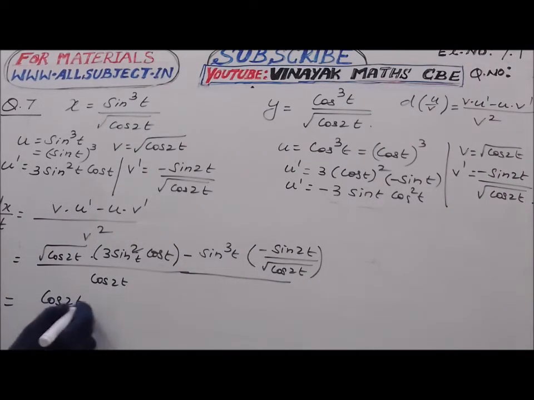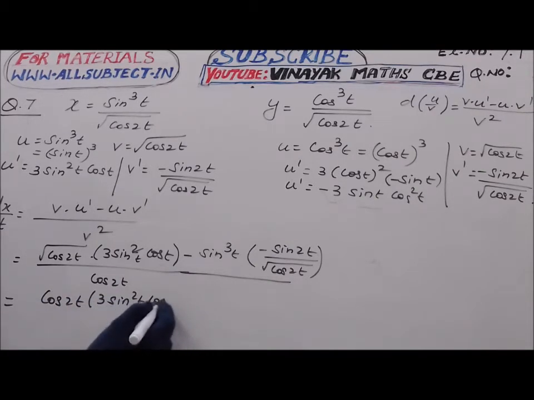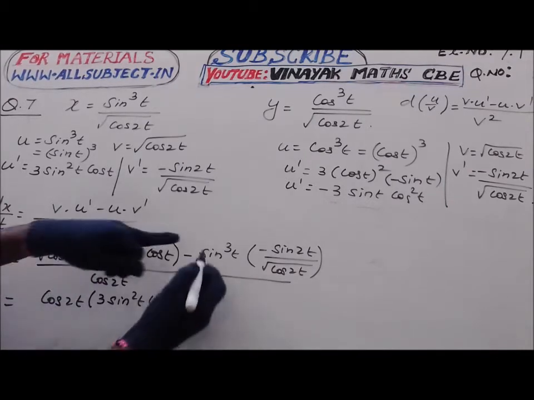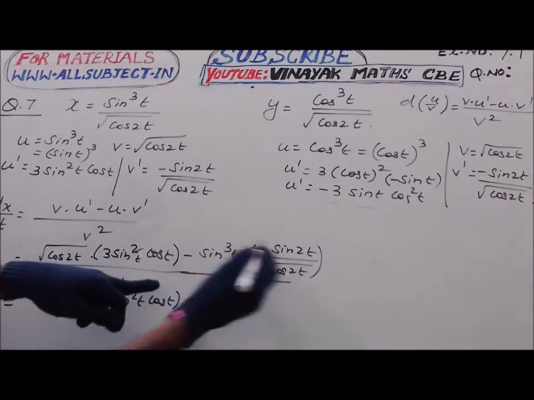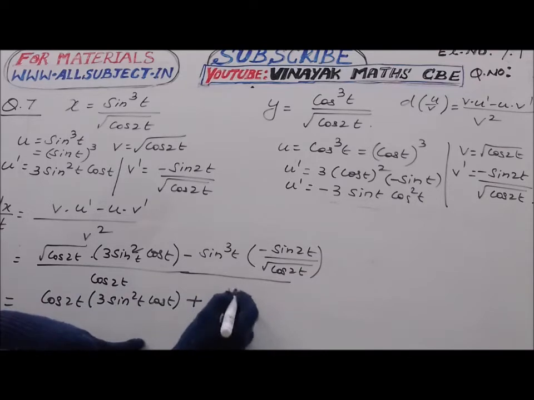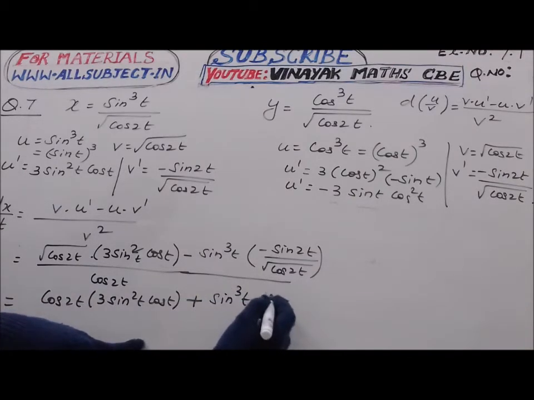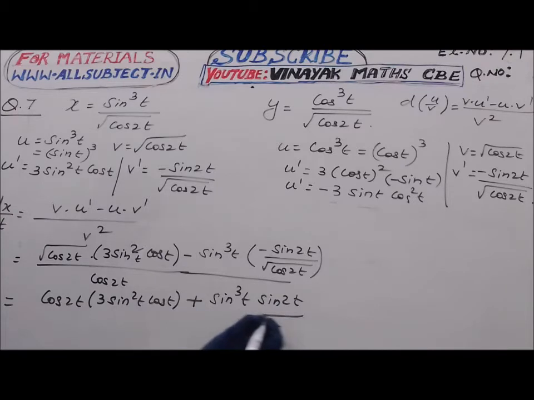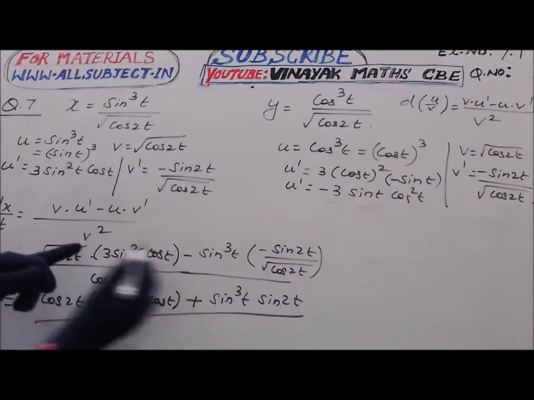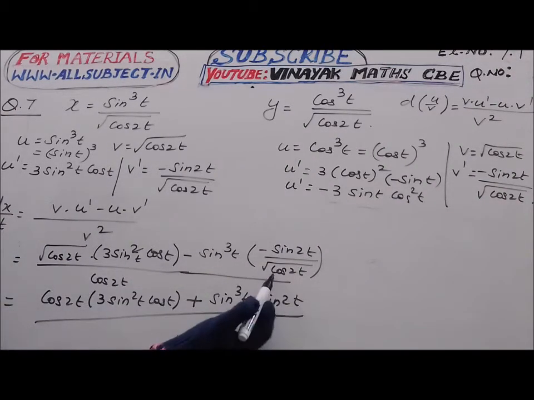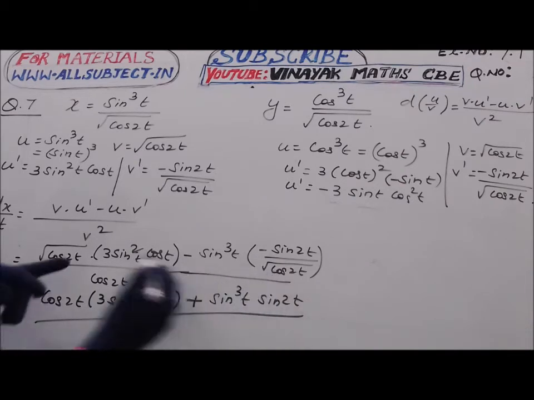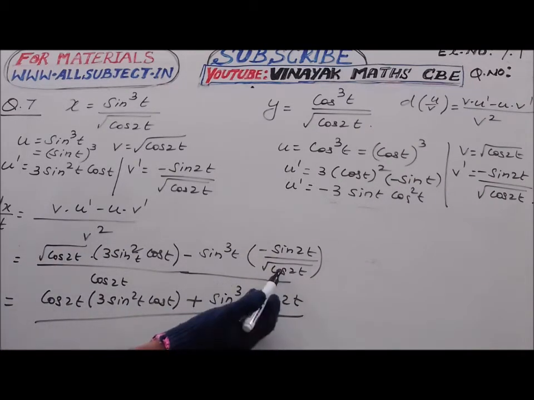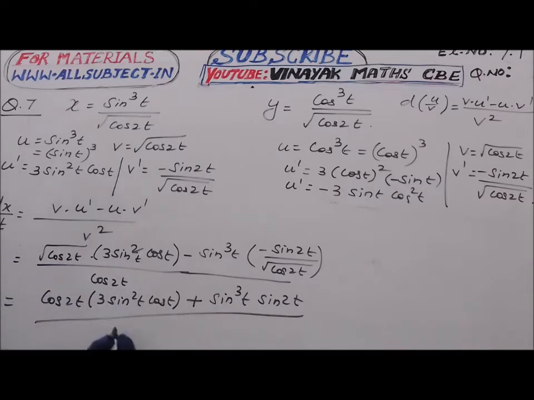Here we have cos 2t into 3 sin square t cos t minus, multiplying in the numerator, minus into minus plus, sin cube t into sin 2t divided by, when we cross multiply, it will be the common denominator of the numerator, common denominator to the entire term in the numerator. So it will be multiplied with cos 2t.